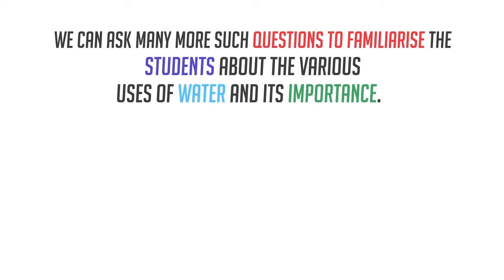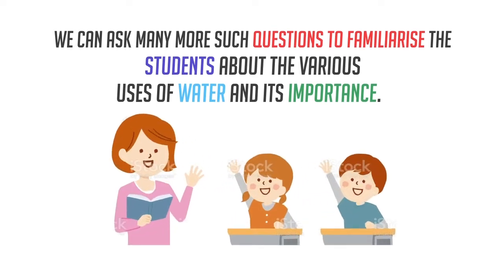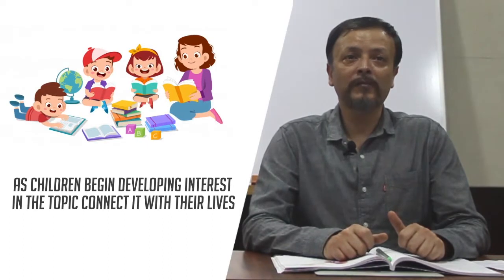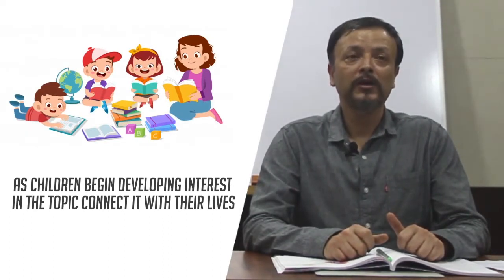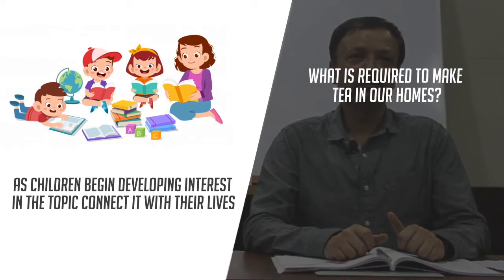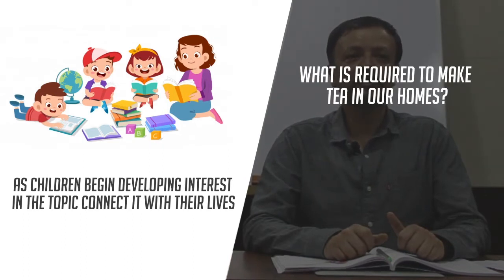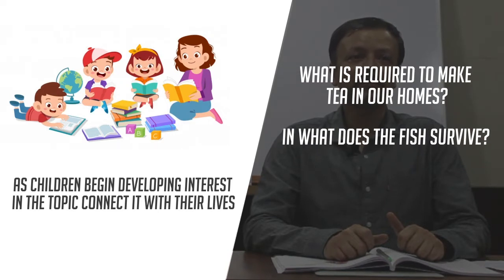The questions we ask will have responses from children. Please note them down on the board. Now, the children would have started developing an understanding and interest in the topic. We can continue asking them more simple questions such as, what is required to make tea in our home? And what does the fish survive?